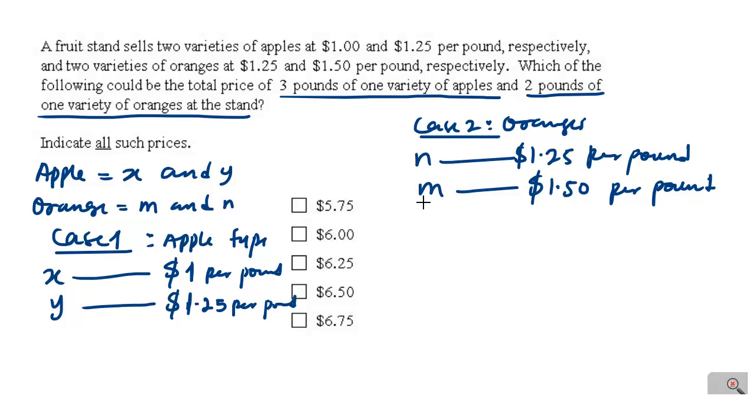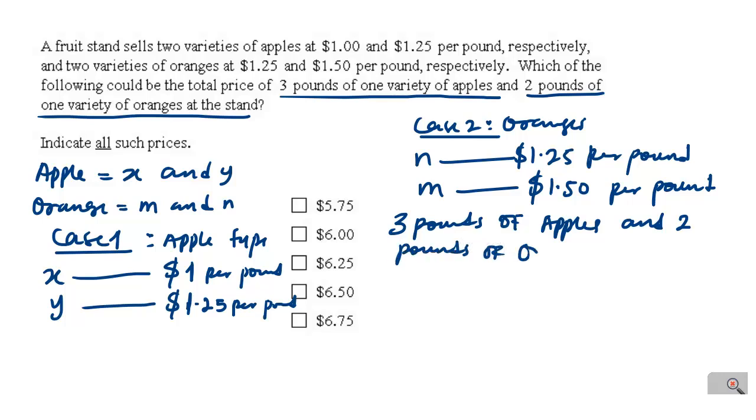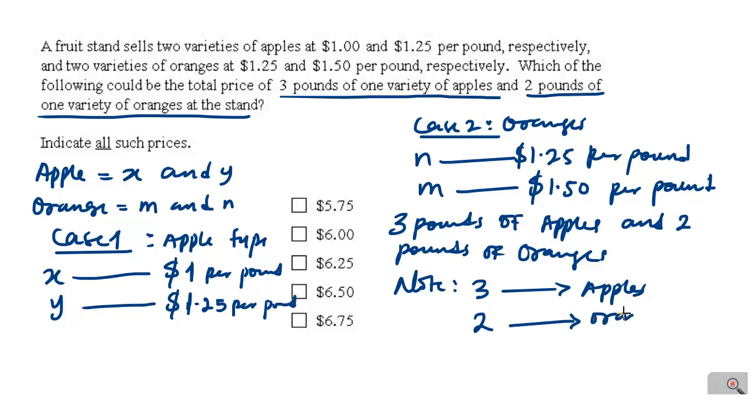We have 3 pounds of apples and 2 pounds of oranges. Before we move on, you need to note that 3 will only be connected to apples, and 2 will only be connected to oranges.